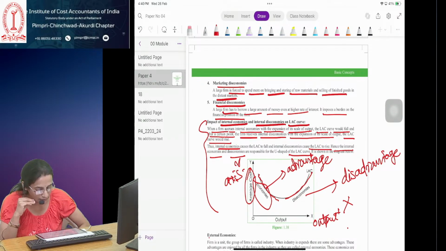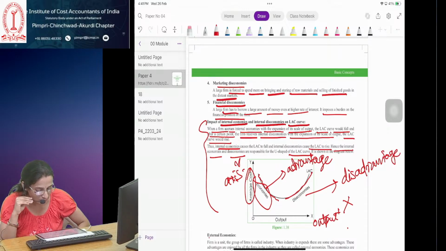Impact of internal economies and internal diseconomies on long-term average cost. When a firm accrues internal economies, meaning advantages, with the expansion of its scale of output, the long-term average cost curve would fall. After a certain point, the firm receives internal diseconomies, and with further expansion of its scale of output, the long-term average cost curve would rise.